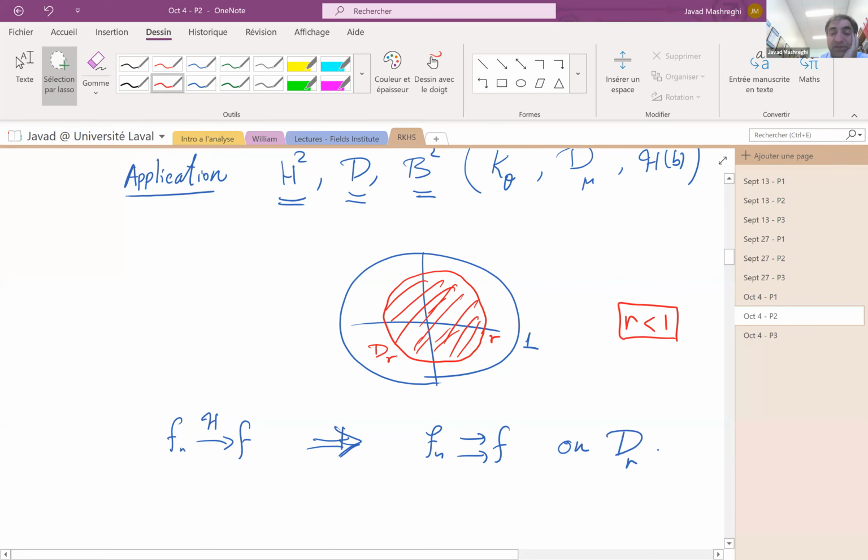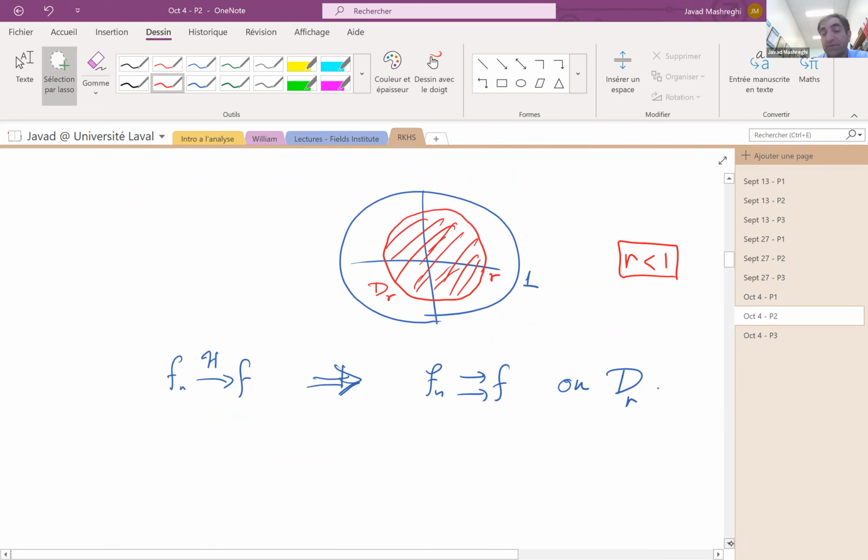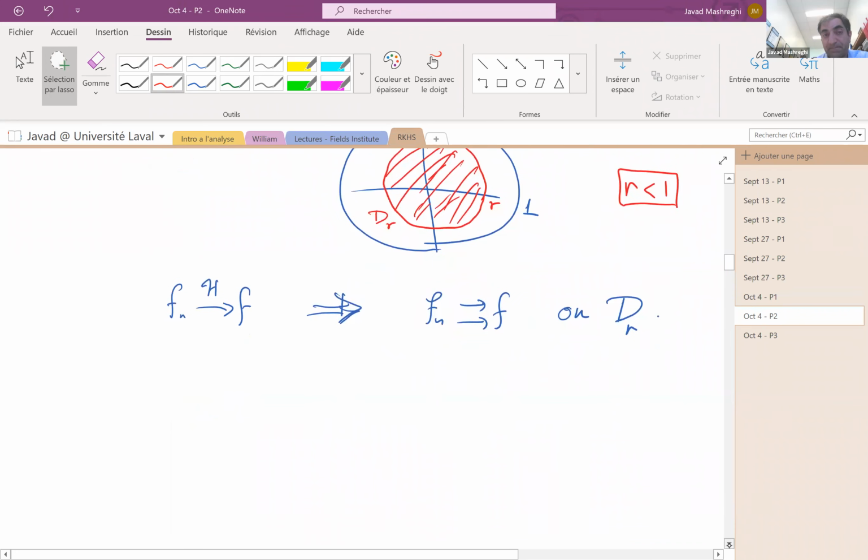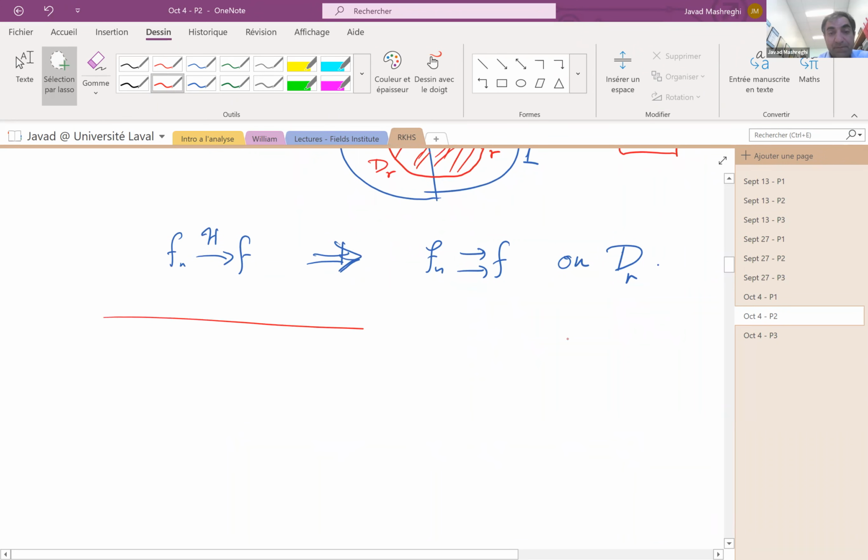We repeatedly use this property in our applications of RKHS to analytic function spaces.